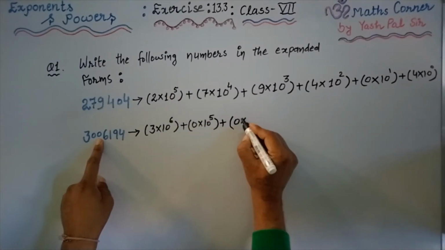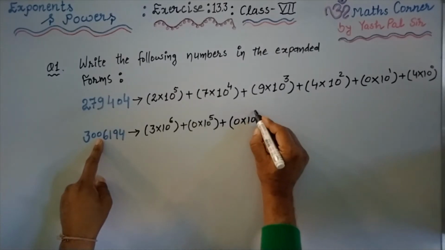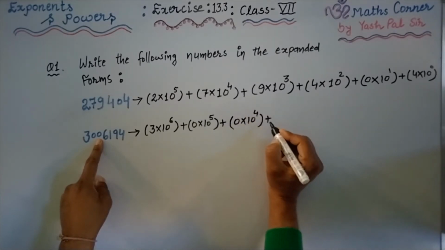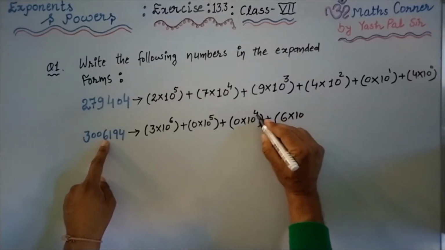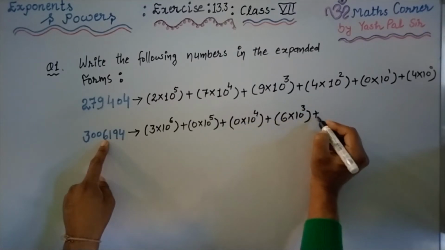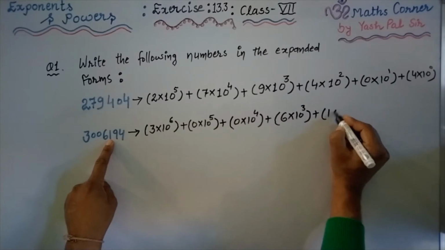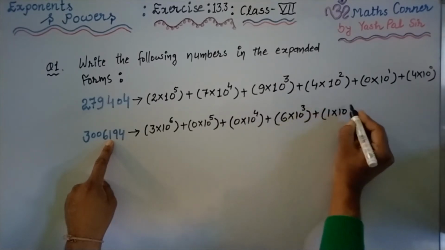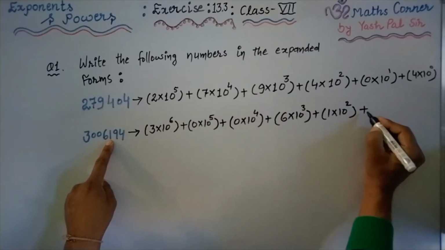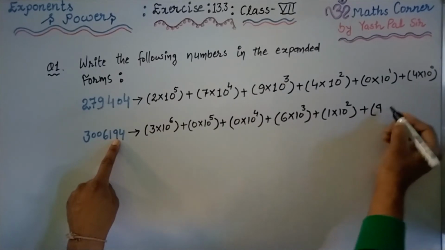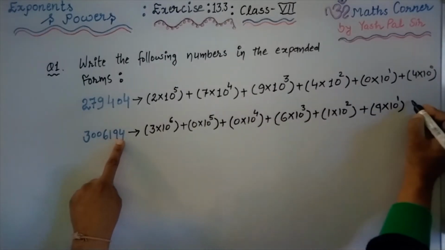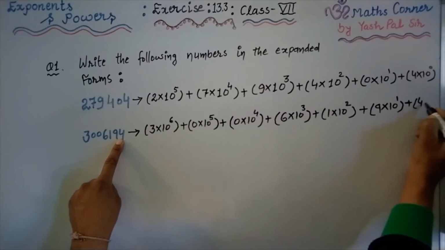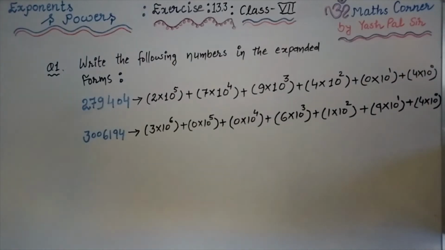Next digit is again 0 into 10 raised to power 4, plus next digit is 6 into 10 raised to power 3, plus 1 into 10 raised to power 2, plus next digit is 9 into 10 raised to power 1, lastly plus 4 into 10 raised to power 0.